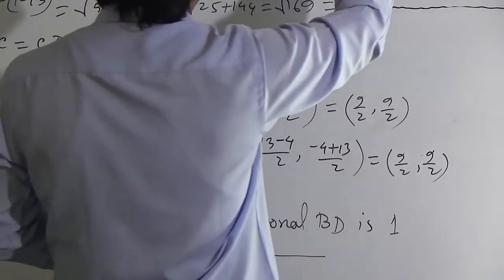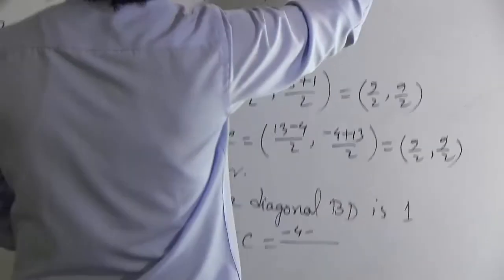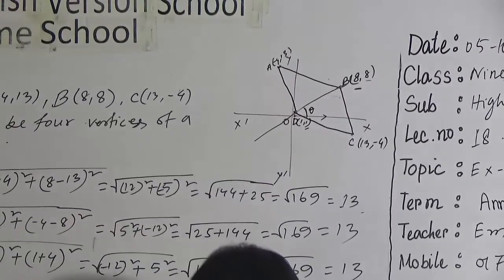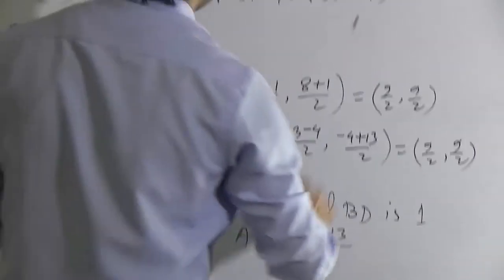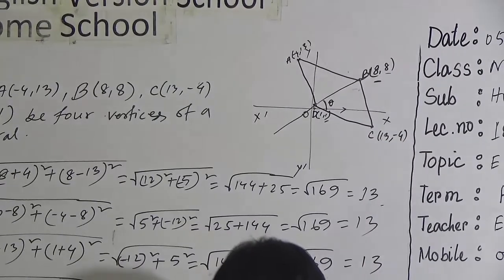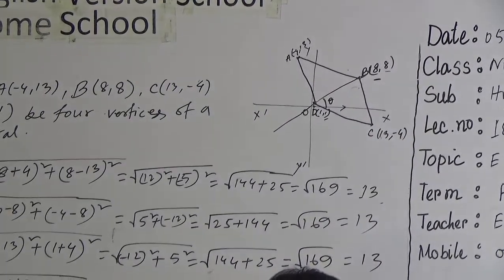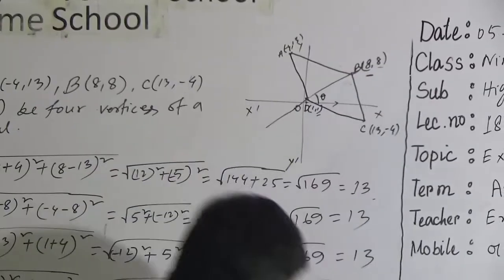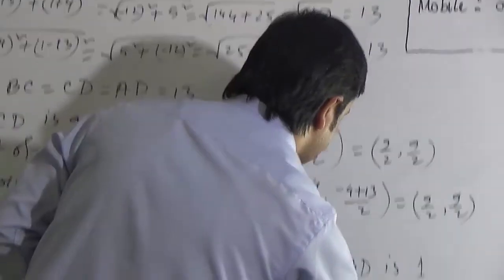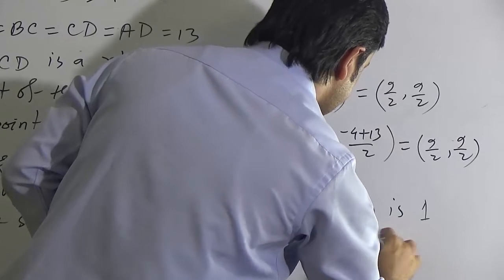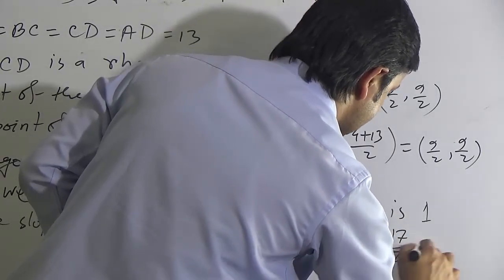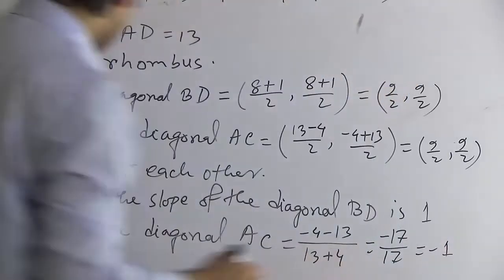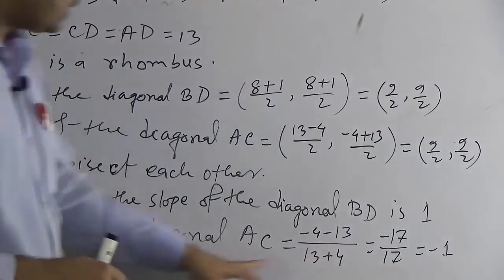Here y2 is minus 4 minus y1 is 13, and x2 is 13 minus x1 is minus 4, that is plus 4. It means minus 17 by 17, that is equal to minus 1. Here the slope of the diagonal AC is minus 1.